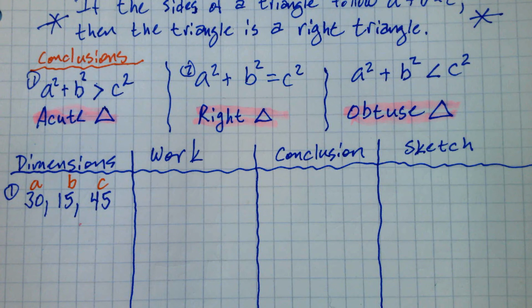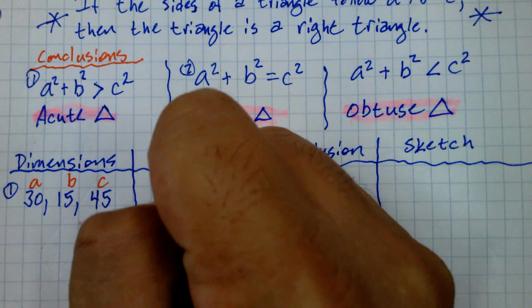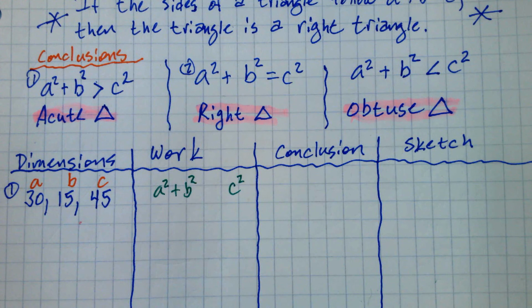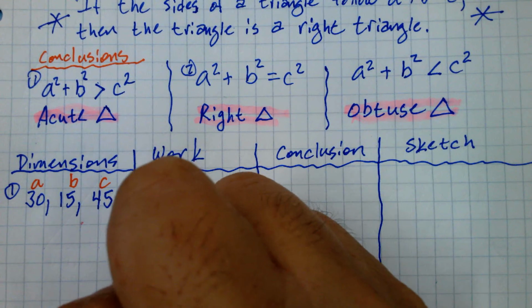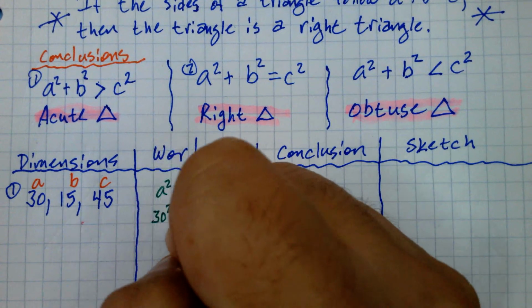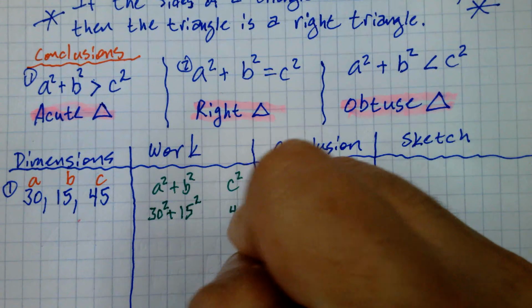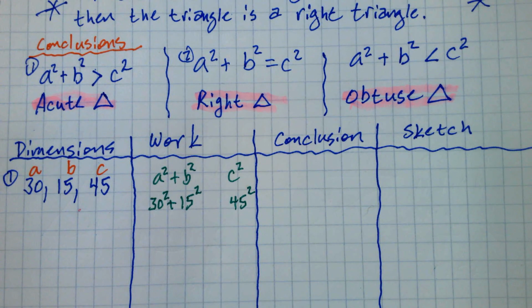Okay, so the first thing we're going to do is A squared plus B squared and compare it to C squared. Okay, so we got calculators. We want to do, instead of A squared, 30 squared, and we'll add that to 15 squared. And we're going to compare that to 45 squared. Let's square 30.